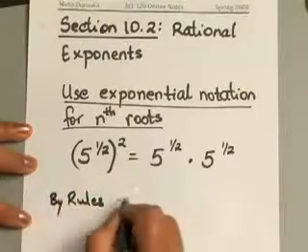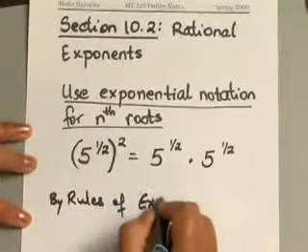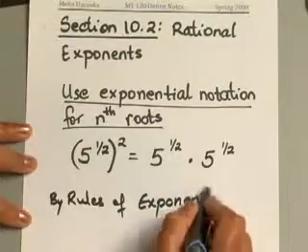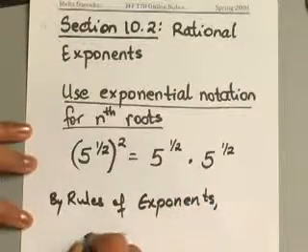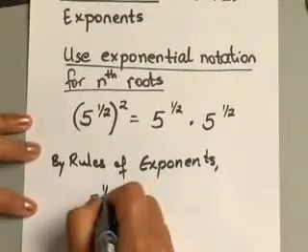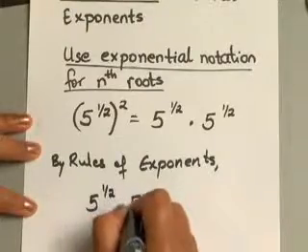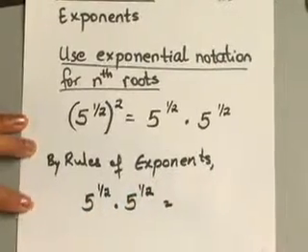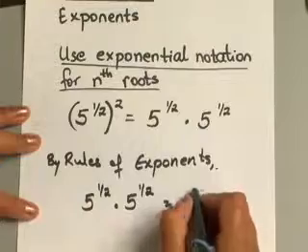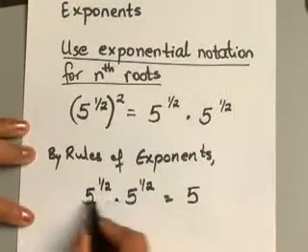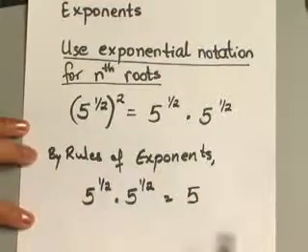So by rules of exponents, this would be 5 to the 1/2 times 5 to the 1/2, where when you have the same base, you can add your exponents.